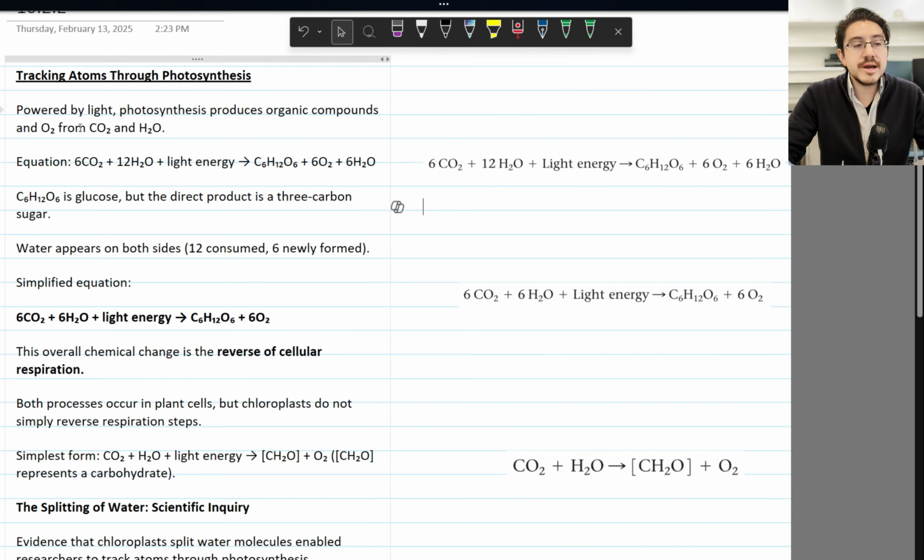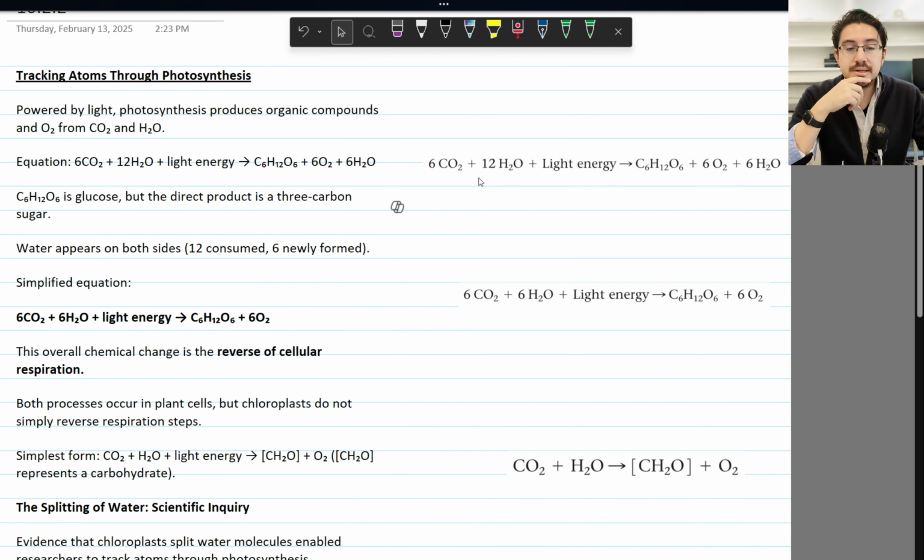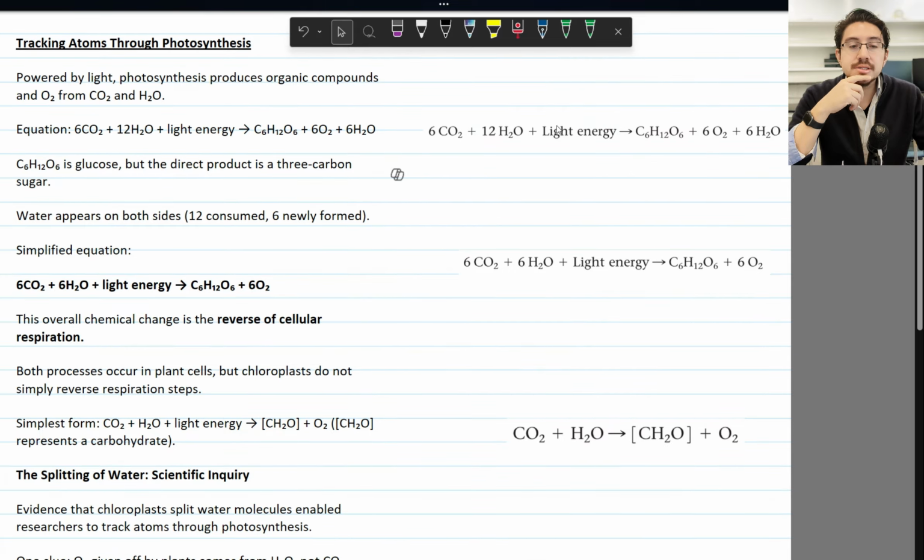This reaction is powered by light. Photosynthesis produces organic compounds and oxygen from carbon dioxide and water. In the equation, you have 6 molecules of carbon dioxide, 12 molecules of water, plus light energy, all working together to produce 1 molecule of glucose, plus 6 molecules of oxygen and 6 molecules of water.